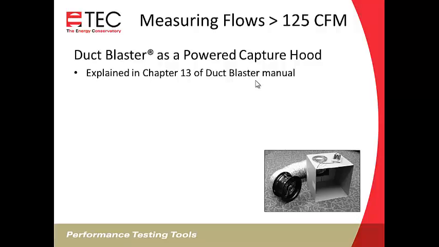So kind of the theory behind this box is when you put this box over an exhaust fan, it is going to be causing a restriction. So you'll need to pull a little bit more air out of the box to make up for that restriction. And you're measuring the pressure at the corner of the box, and you want to get that pressure down to 0.